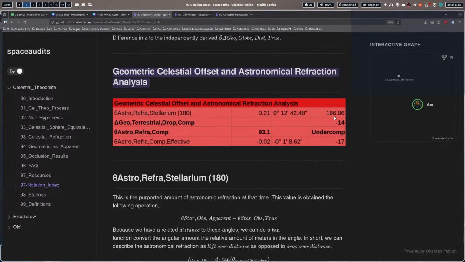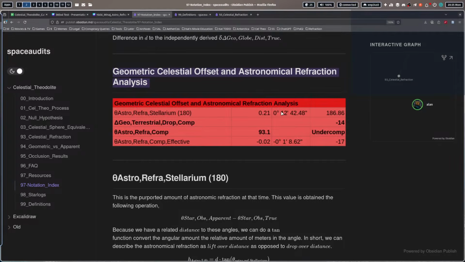And in this case, at Pike's Peak, they say that if you're observing that star, there's 12 minutes of astronomical refraction, and relative to that peak distance, that would give 186 meters of lift.